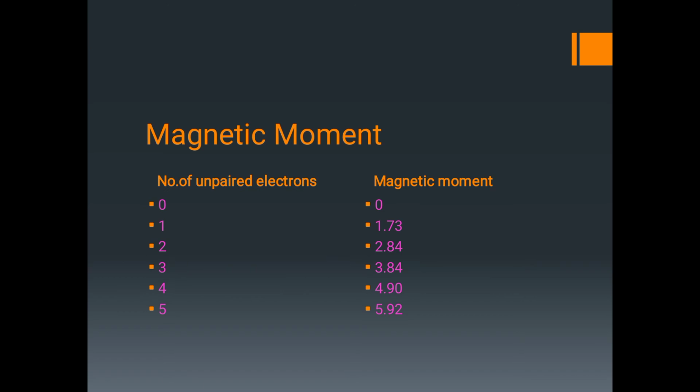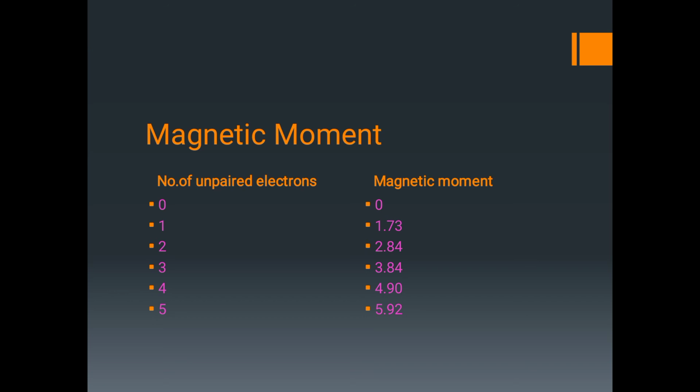Now, magnetic moment. This is mostly asked. You don't need to actually sit and calculate in the case of transition elements. If you know the number of unpaired electrons, you can easily find the magnetic moment. This is one way you can avoid using a calculator, as a calculator is not provided.